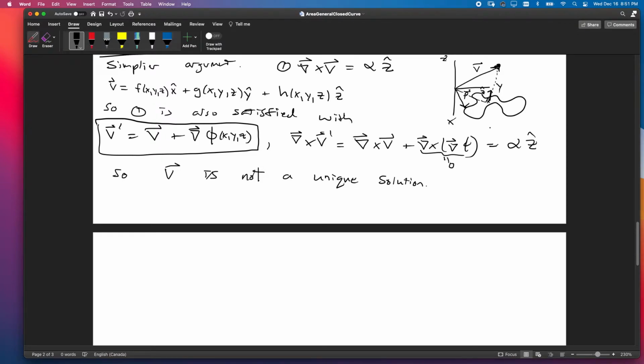Okay, let's go one step forward. Recall, we'll call it equation 2: the area is equal to 1 over alpha, the integral from 0 to 2 pi of dt, v dot d rho by dt.